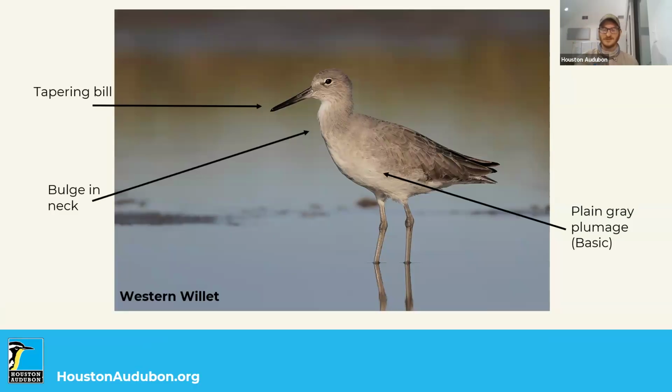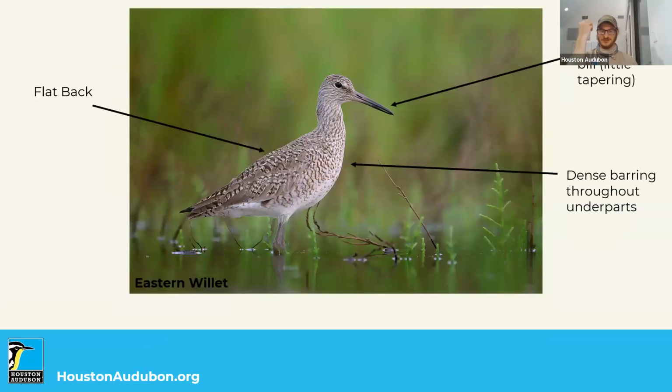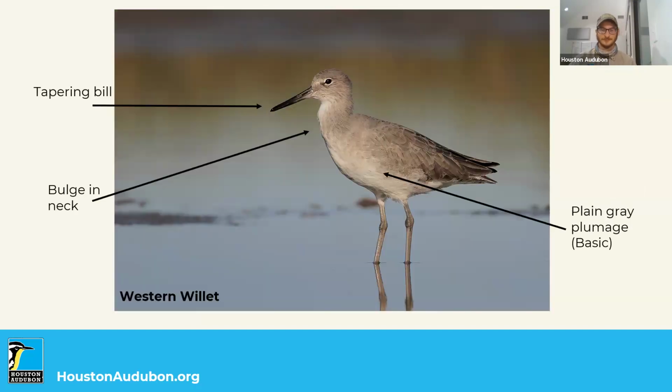And you basically have this really blank expression, or maybe blank's not the right word, but a very serene look, whereas the Eastern Willets by contrast don't have that. So it's just that dark eye, that beady eye on that kind of darker overall face. And it does give a very different vibe, impression. So it's not definitive, but it's worth paying attention to because it is useful.